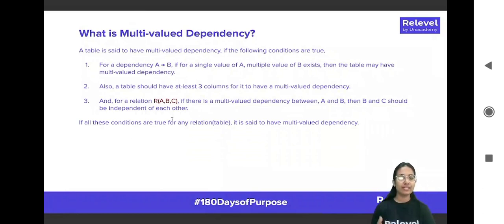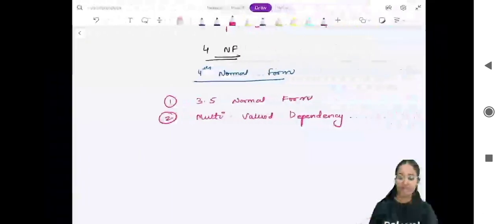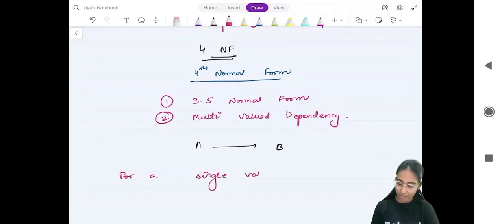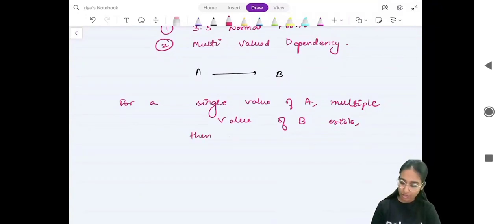For a dependency from A to B, if for a single value of A, multiple values of B exist, then the table has multi-valued dependency.